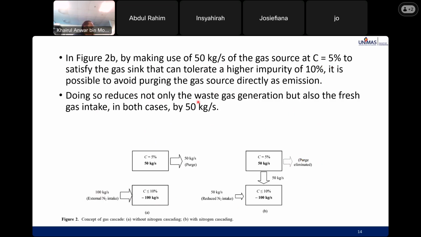Doing so not only reduces the waste gas emission but also the fresh gas intake in both cases by 50 kilogram per second.